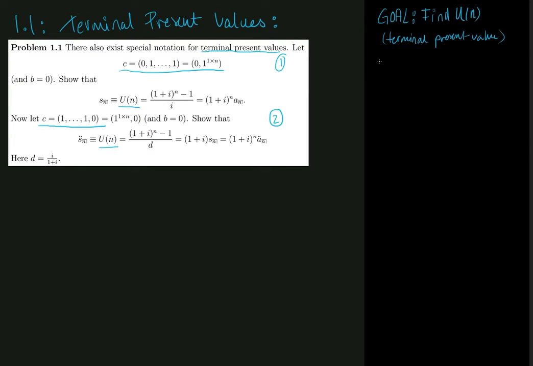Well, what we mean by terminal present value is given any payment stream, we want to stand at the last time point, N, where the contract ends. We want to stand here and look at the accumulated value of all the earlier payments summed together at time N, where they've gathered all the interest and so on, including the payment at time N. So that's our goal, find U of N.